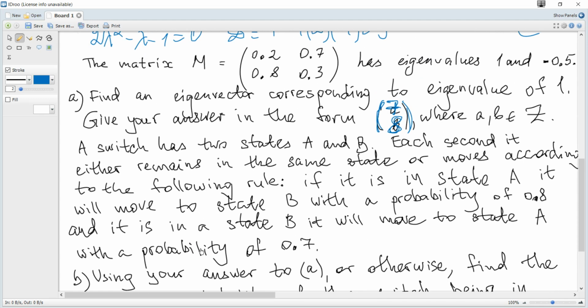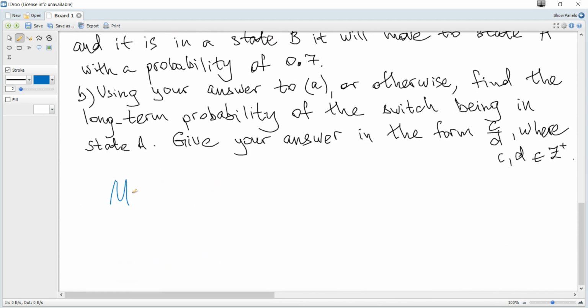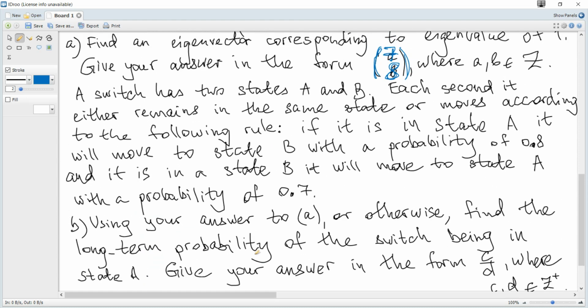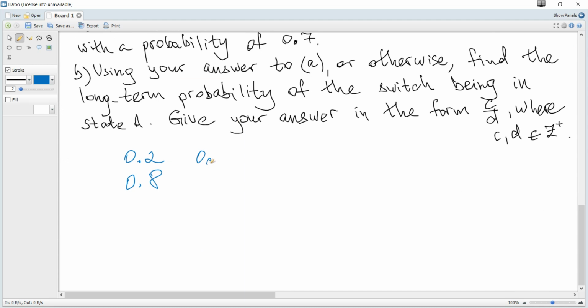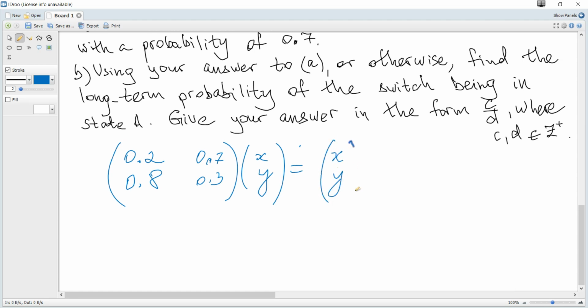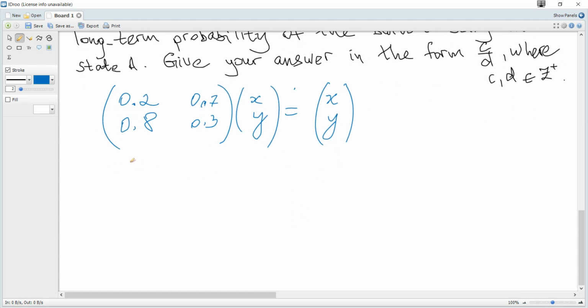Our matrix (0.2, 0.7; 0.8, 0.3) times (x, y) is (x, y), and again let's rewrite it as simultaneous equations. It becomes 0.2x plus 0.7y is x, and 0.8x plus 0.3y is y.